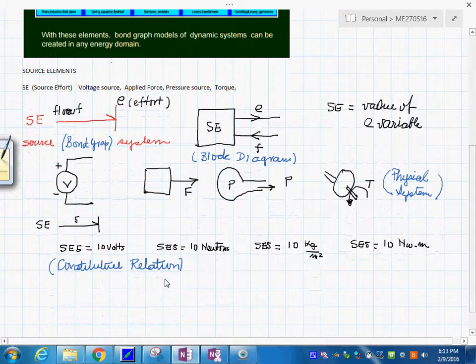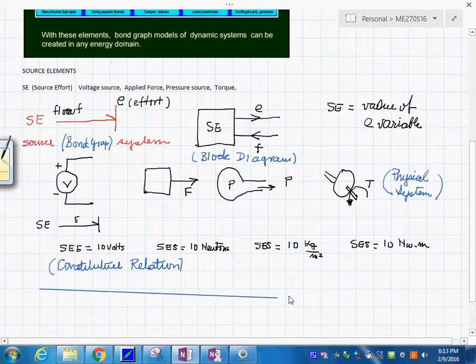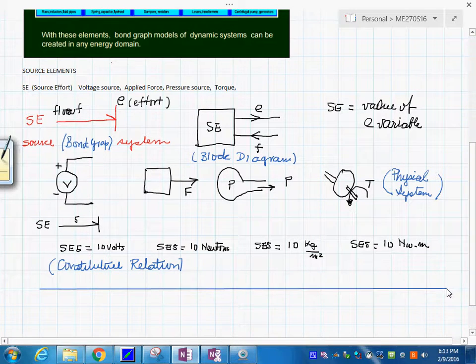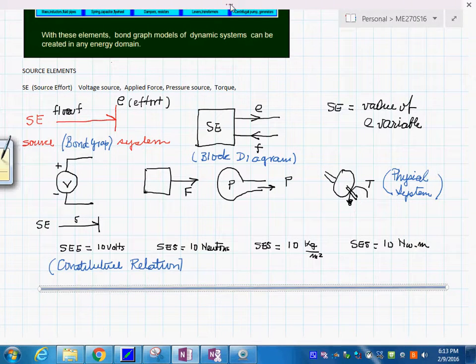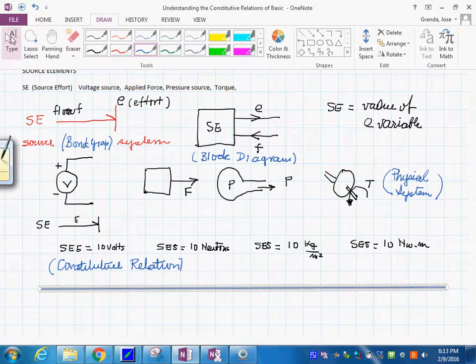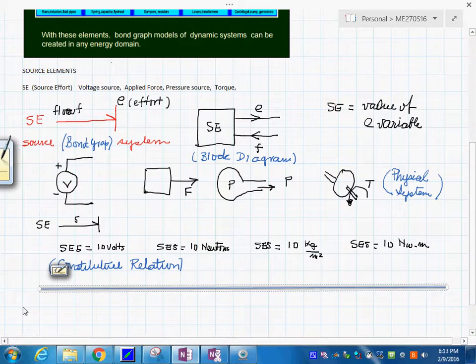So in this, what about we do the same thing, and we're gonna do SF, which stands for source flow, like this, yeah. And then in here we're gonna keep the same order that I had. Instead of a voltage source, this is going to be a current source. Okay.